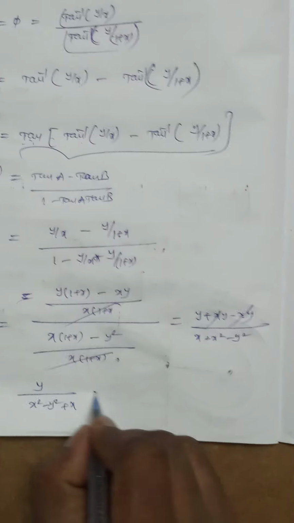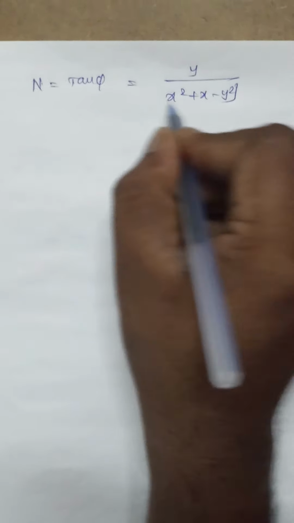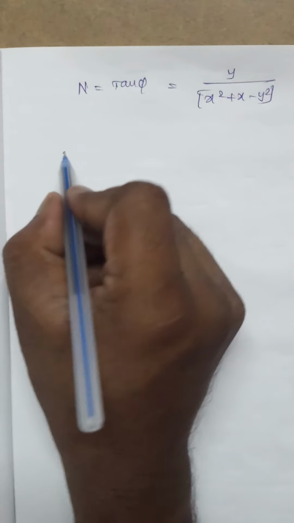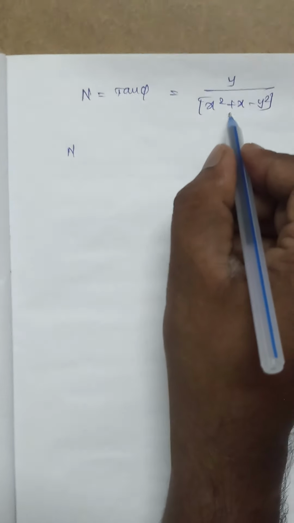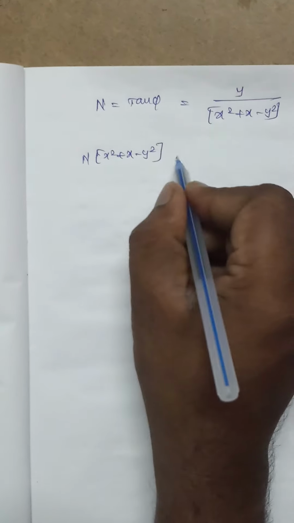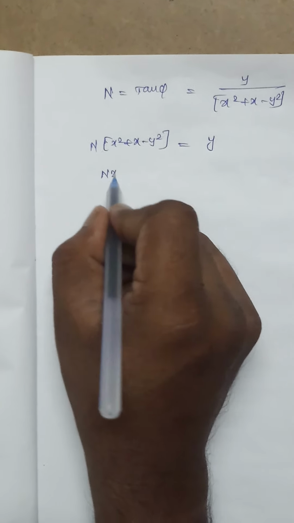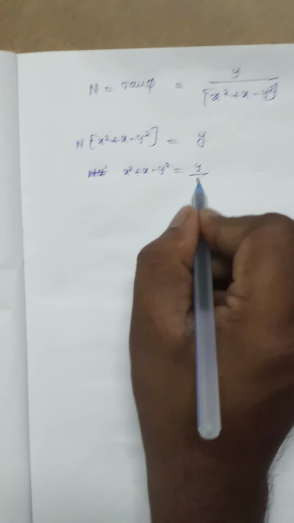It is tan phi, and this tan phi is taken as a capital N. So n is equal to tan phi is equal to y divided by x square plus x minus y square. So you multiply this n into x square plus x minus y square is equal to y. So n into x square plus x minus y square is equal to y divided by n.